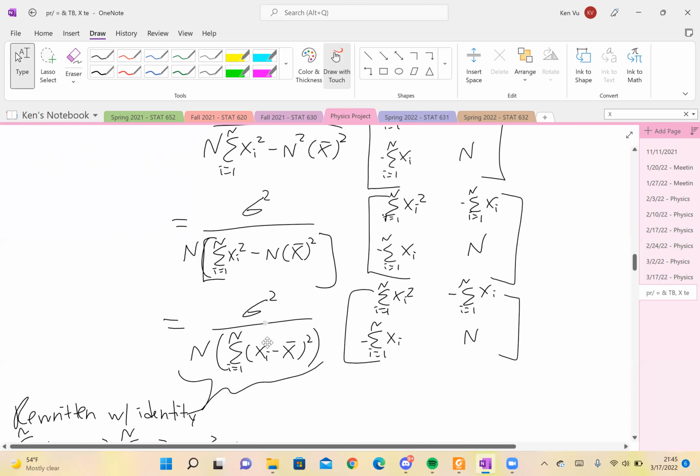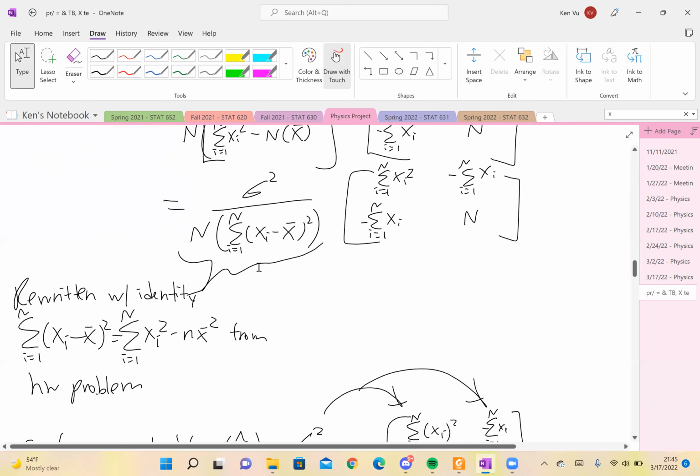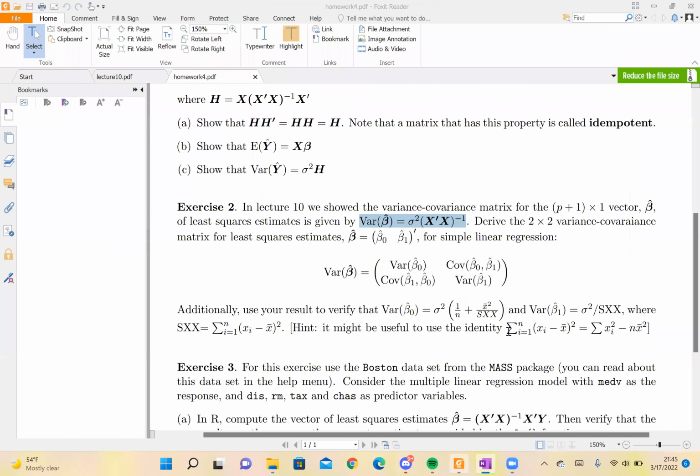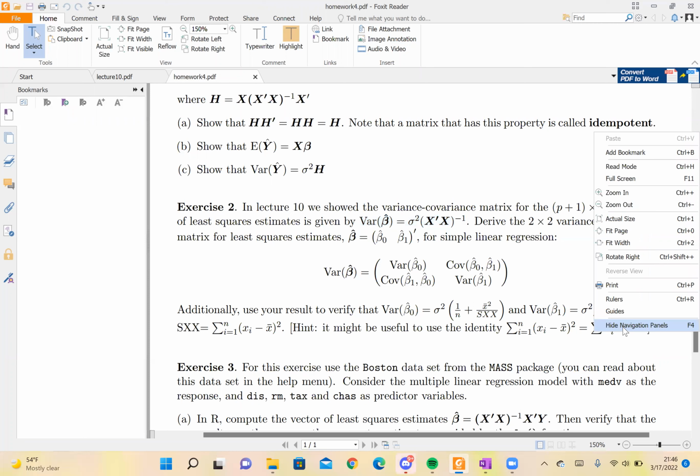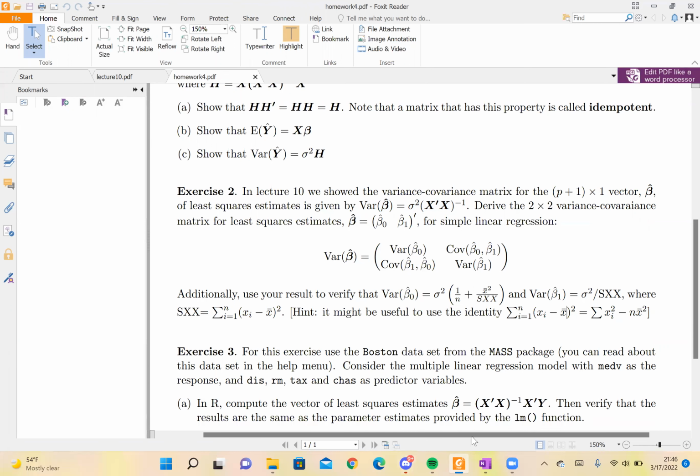Once you simplify a bit more, remember that in the problem you're given this identity, which is the sum of the squared differences between the x values and x bar is equal to the sum of the squares of the x values minus n times the square of x bar.